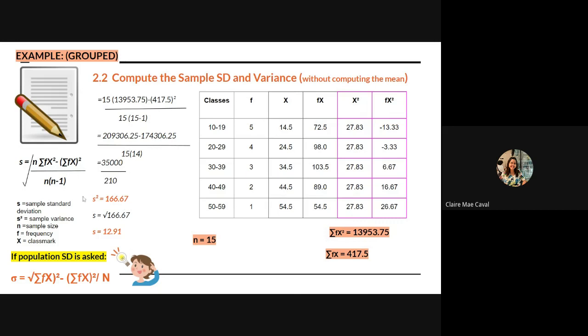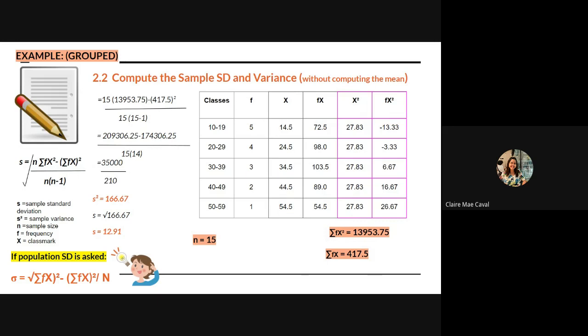This is already your sample variance. When you find the square root of 166.67, that's your sample standard deviation, equal to 12.91. Let us check it against our previous example using the steps that compute the mean.